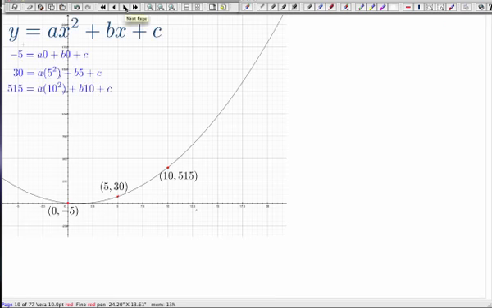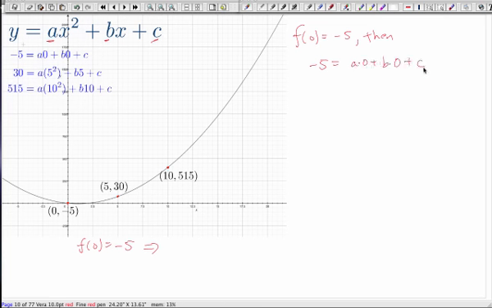I'm going to skip right to it. So you get the first equation by saying, look, if f of 0 is equal to negative 5, let me write it up here. You know that your polynomial, you're looking for a, b, and c. Then negative 5 is equal to a times 0 plus b times 0 plus c.